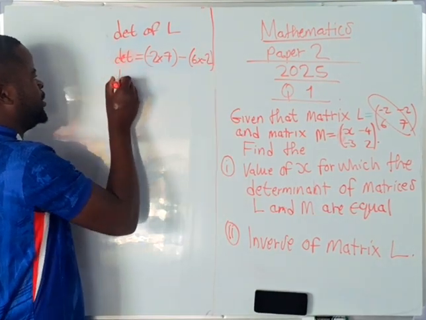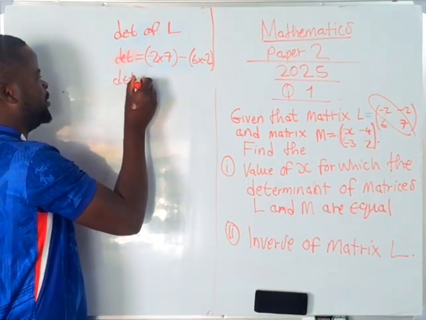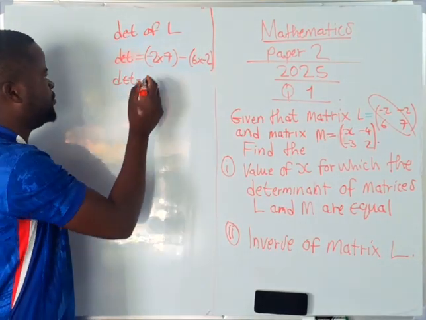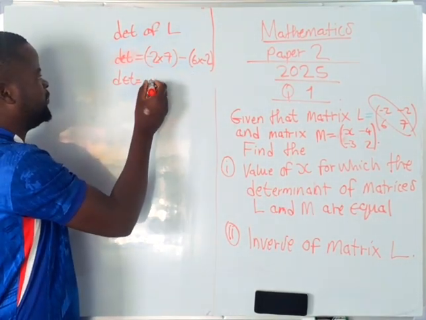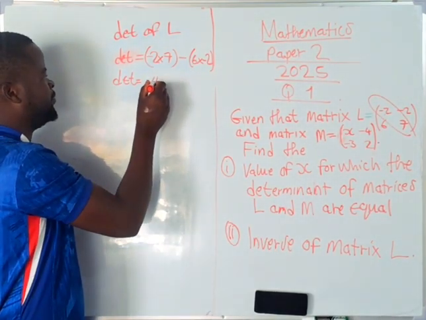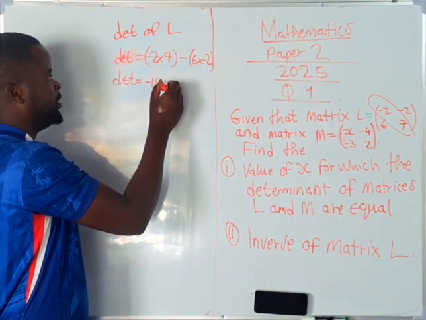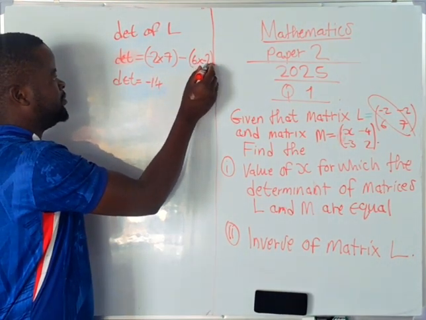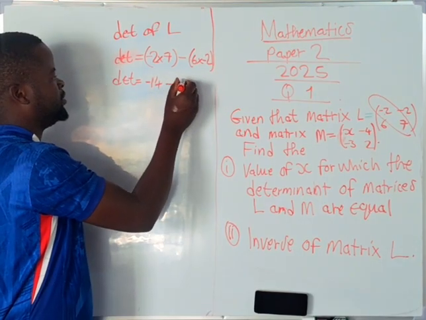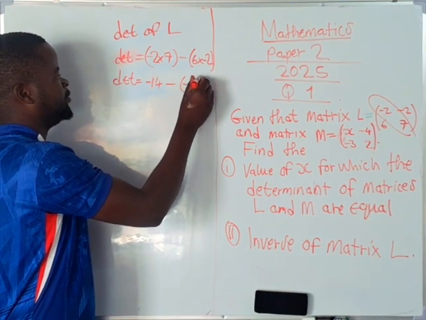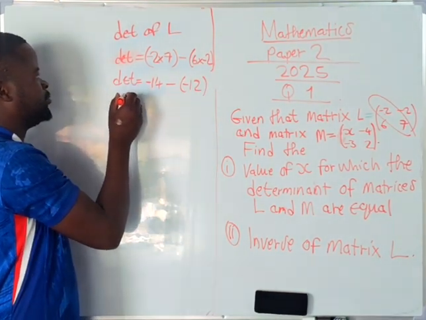So the determinant of matrix L is equal to -2 times 7, which gives -14, then 6 times -2, which gives -12.